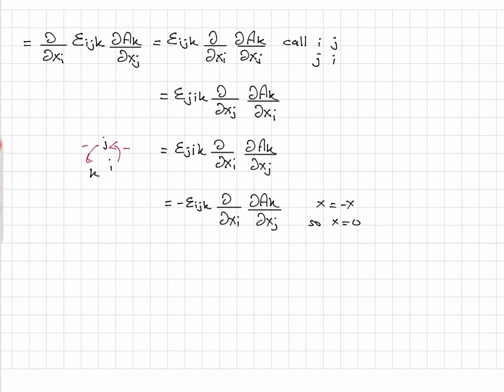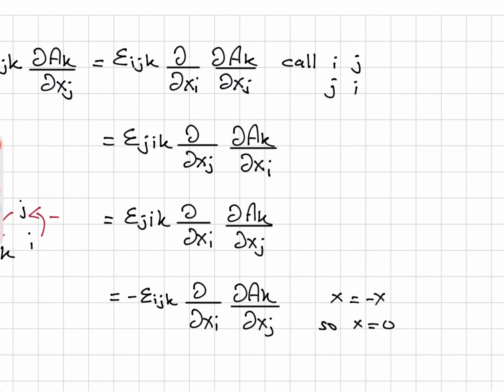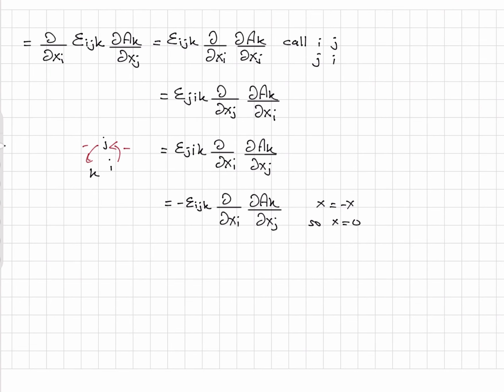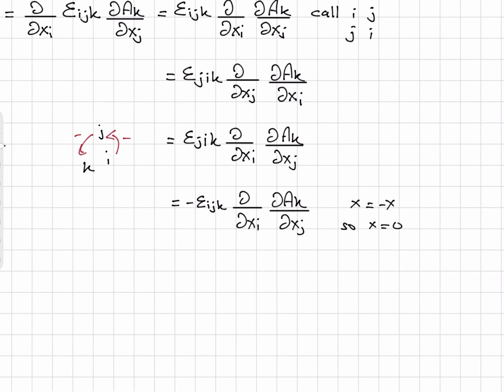So first I renamed the indices, then I changed the order of the derivatives to show this. So this implies that divergence of curl of A must be equal to 0 as suggested.